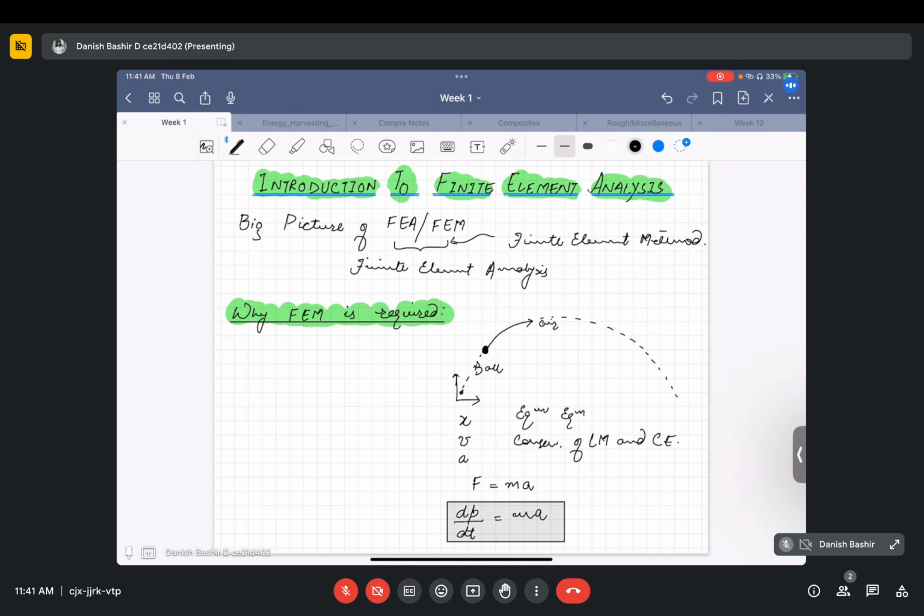If you take another example, like this is our sun and this is the earth revolving around it. The governing physical principle of this motion is that the gravitational force by the sun is equal to the centripetal force of the earth, mv²/r, if it has a tangential velocity.